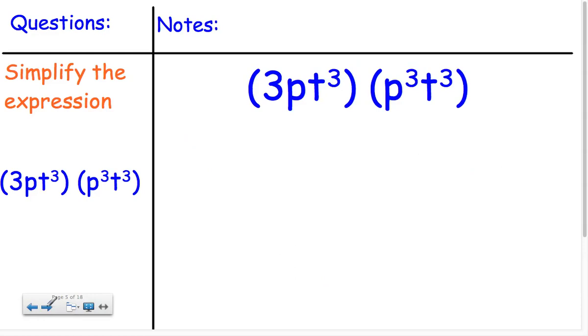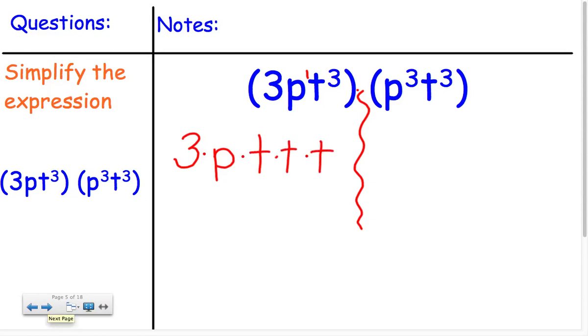3 times p times t cubed times p cubed times t cubed. So 3. If I don't have an exponent by p, that just means I have one of them. So just put 1p, and then 3 t's. And on the right, I have 3 p's, and I have 3 t's.